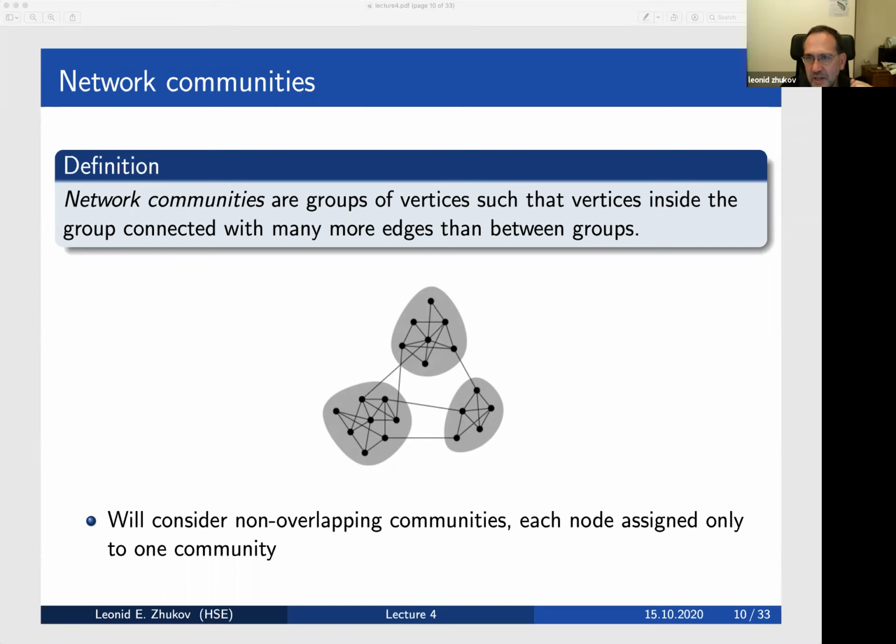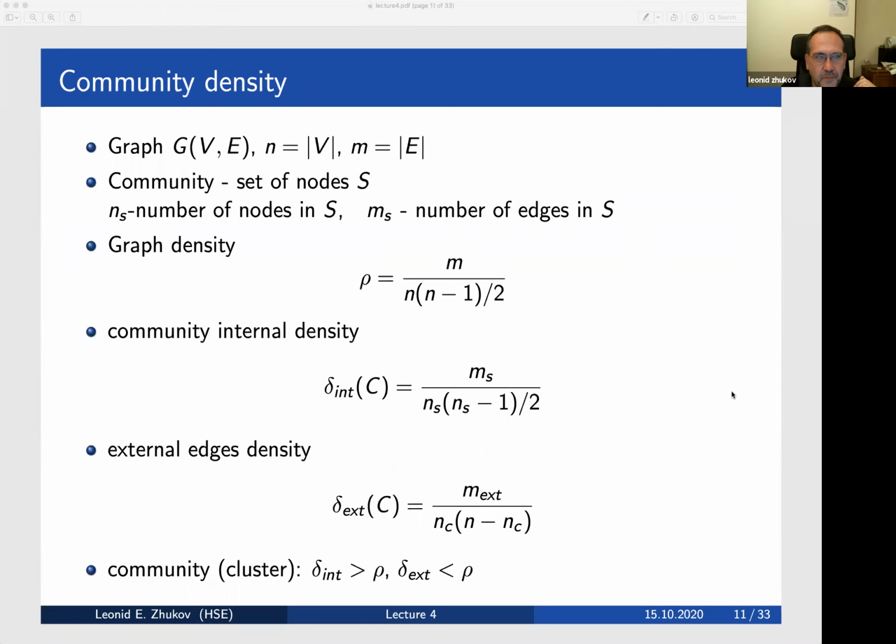So there are sort of 3 communities of people, but you cannot belong to 2 of them. This is not the only way you can think about it; there exists an entire class of algorithms for overlapping communities. But right now, we're going to look only at non-overlapping communities. All right.